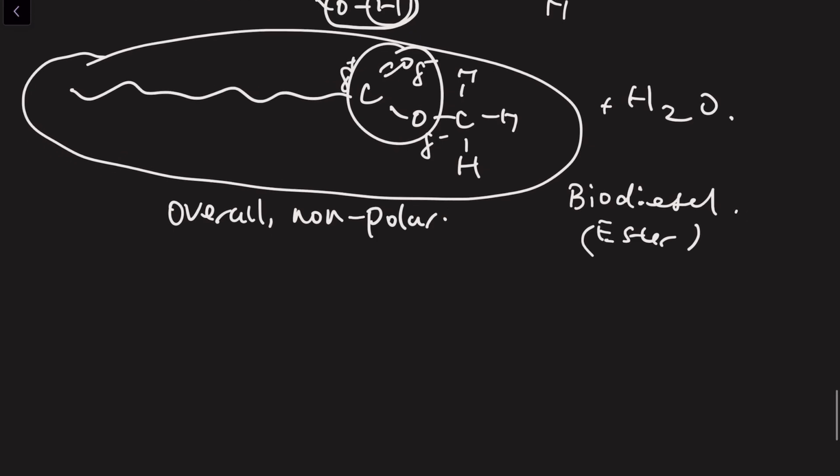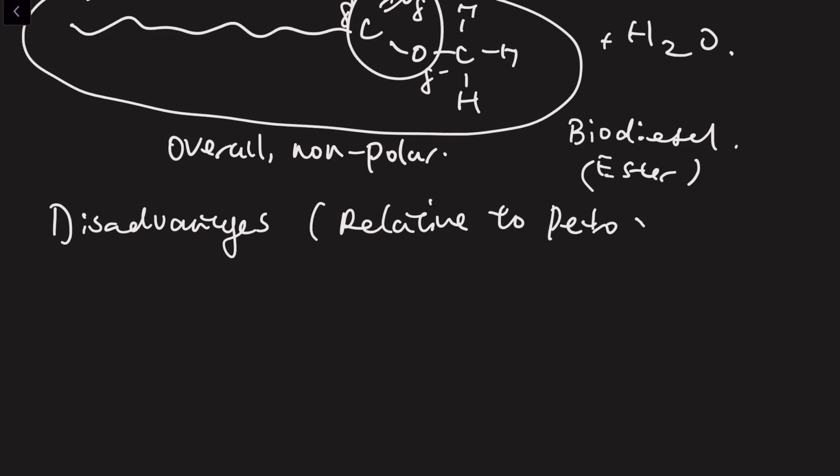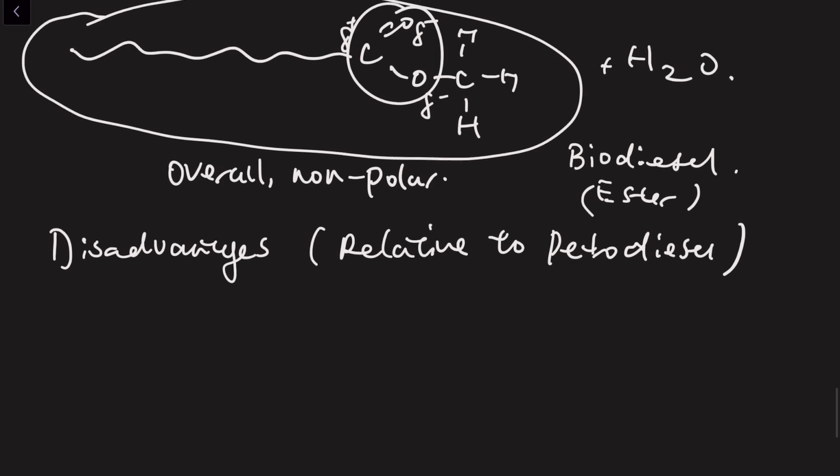And we need also to know the advantages and disadvantages of biodiesel. So first let's look at the disadvantages. This is relative to petrol diesel. Remember, petrol diesel is just a very simple alkane molecule with 12 to 20 carbons present.